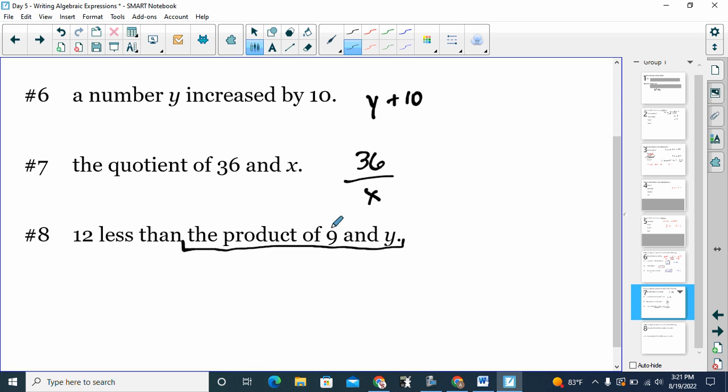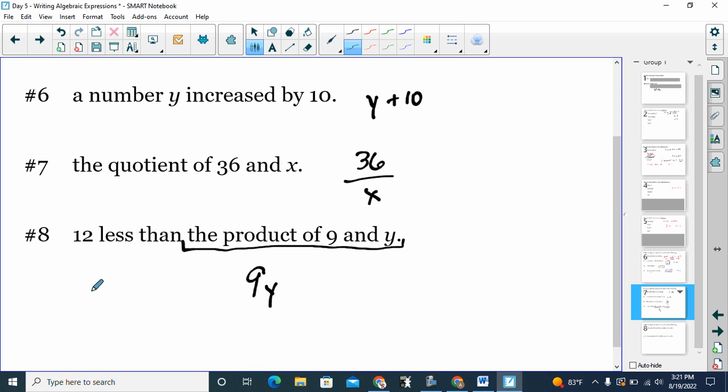I need to multiply 9 times y. The most common way to write multiplying 9 and y is to write it just as 9y with no symbol in between. If I have a number next to a variable, it's implied that I'm multiplying those things.